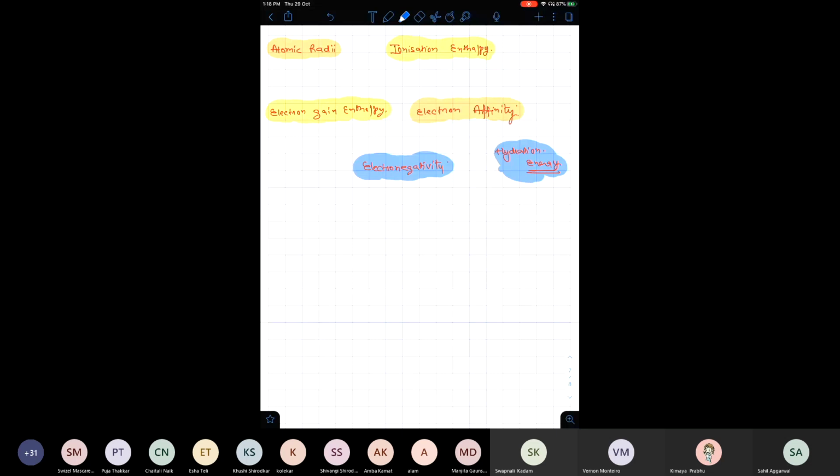Now, for reading these properties, we should know all the elements. So first we will write the elements. First group element, s block.